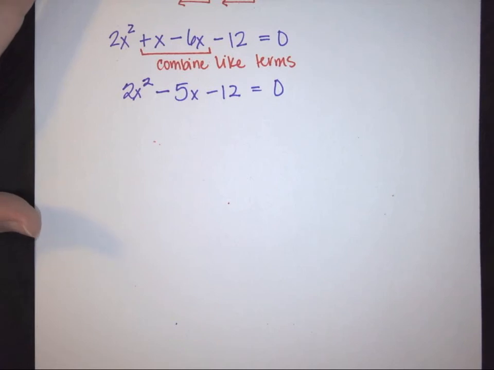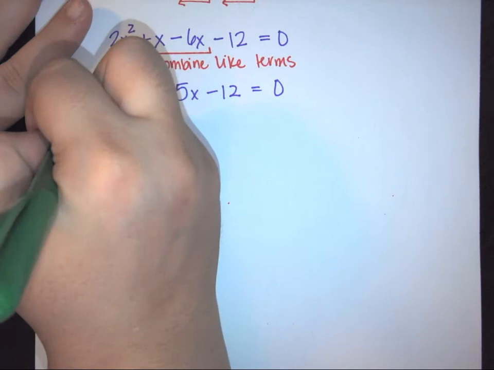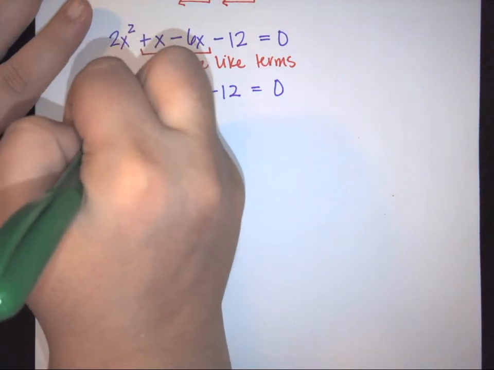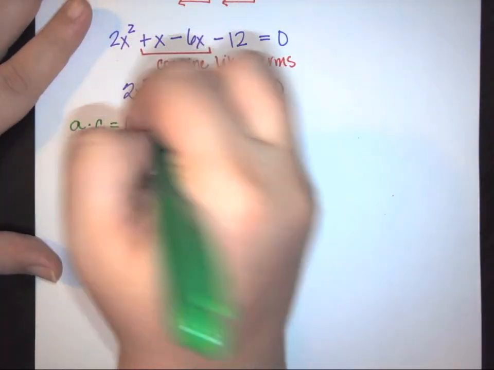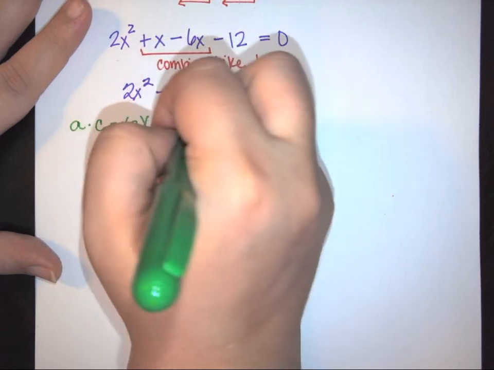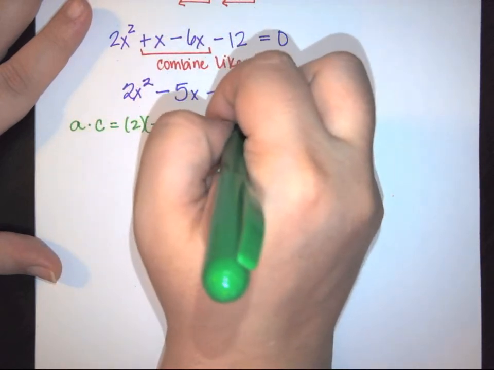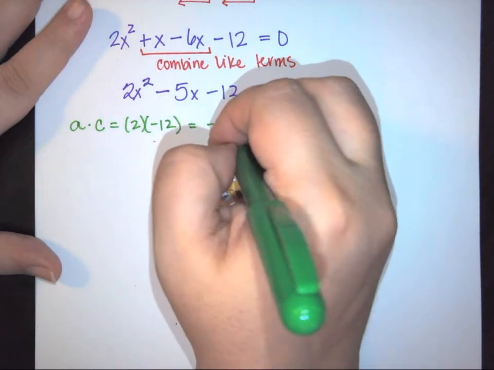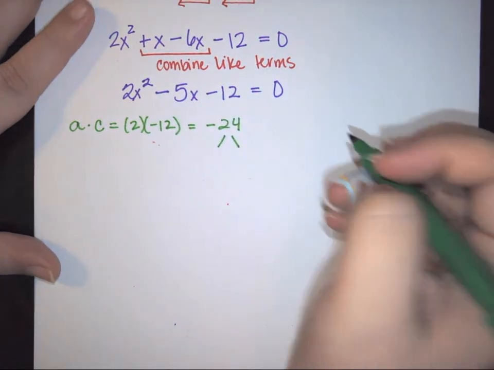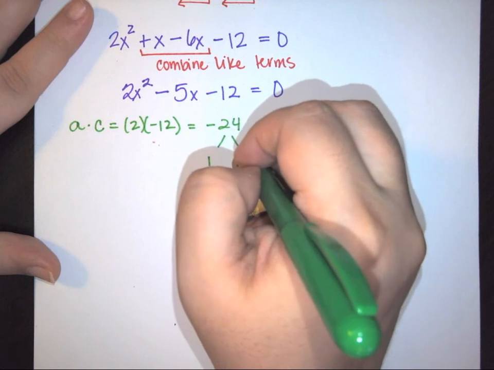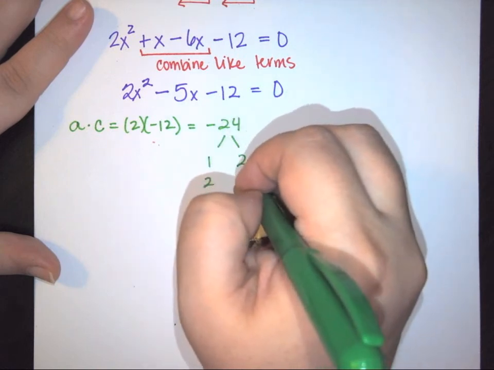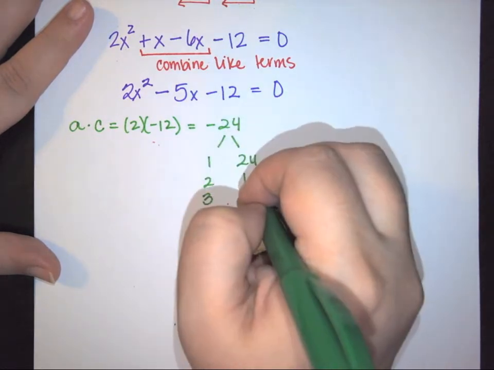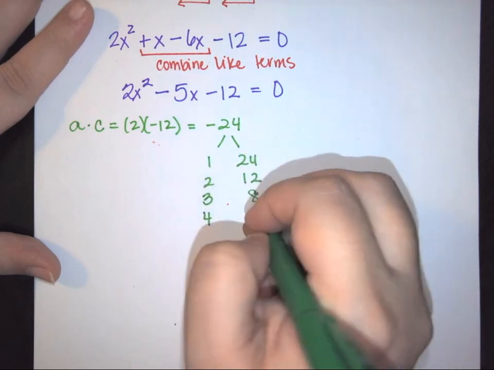So in order to factor, the first thing that I would do is I would use my bottoms up method. So that's going to be a times c, which in this case is going to be 2 times a -12, and that gives you a -24. I need to find my factors of my 24, so this is going to be 1 and 24, 2 and 12, 3 and 8, 4 and 6.